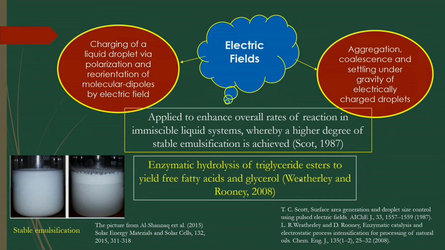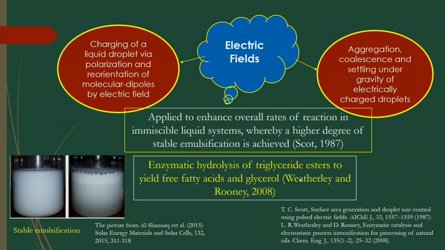in chemical engineering processes. Another is electric fields, like charging up a liquid droplet, with polarization and reorientation of the molecular dipoles by the electric field. It is sometimes required for process intensification, applied to enhance overall rates of reaction in immiscible liquid systems, whereby a higher degree of stable emulsification is achieved by these electric fields.